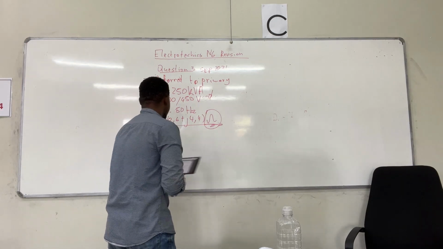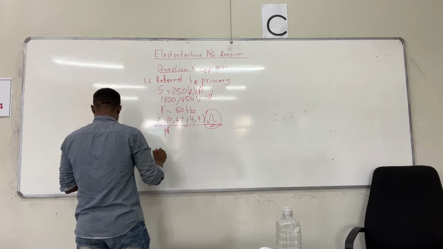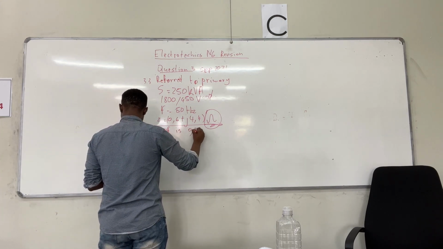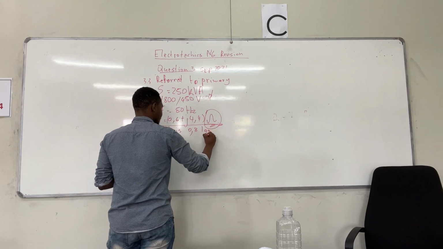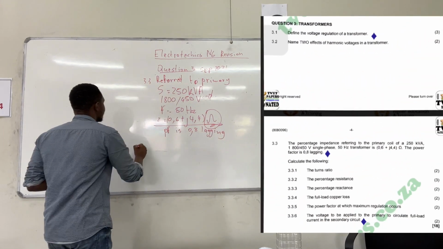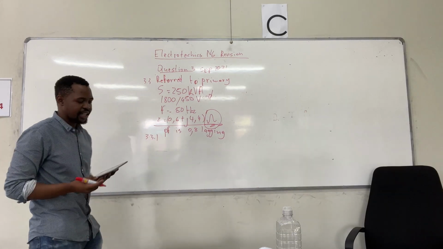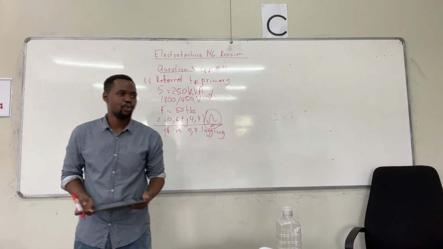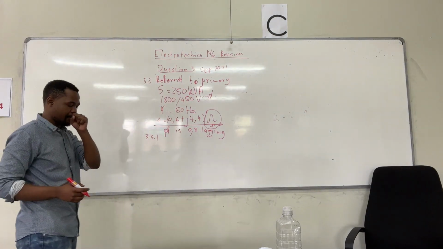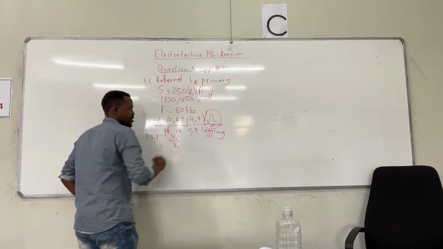The power factor is 0.8. So let's start with 3.3.1. They want the turns ratio, which is V1 over V2.